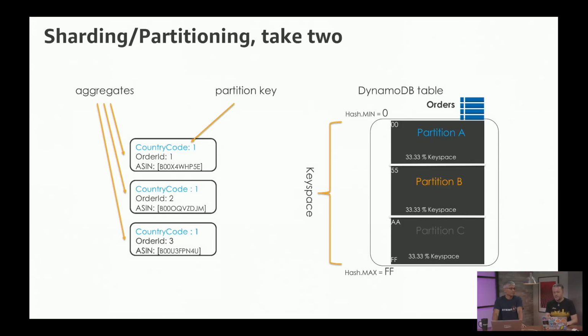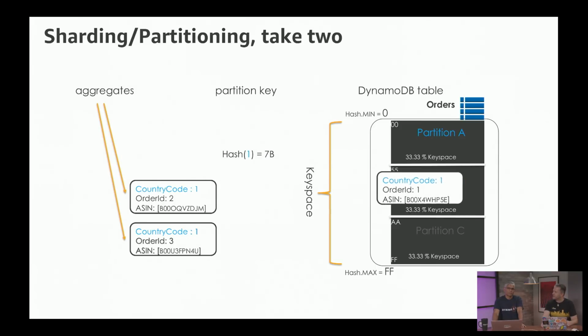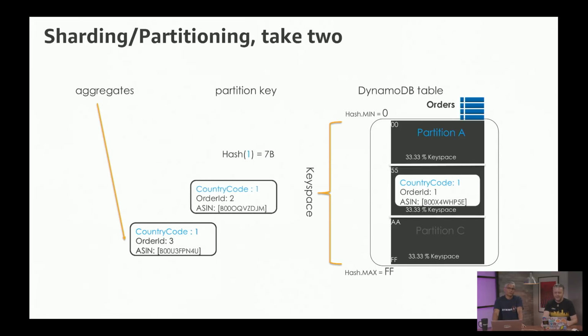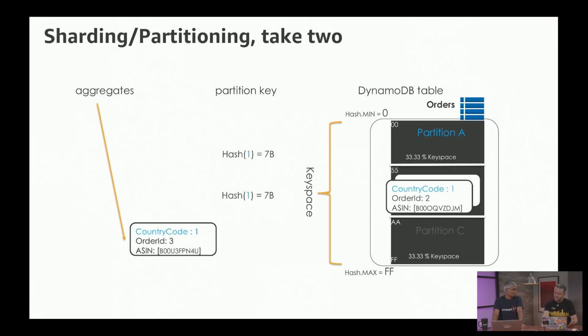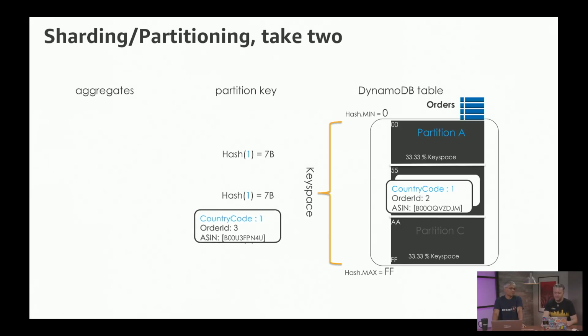And just the country code, of course, would not be unique. So, but what happens with this data model is that because all our orders in this example have the same country code, they all end up in the same partition. Yeah. So this would be an anti-pattern for how to model.